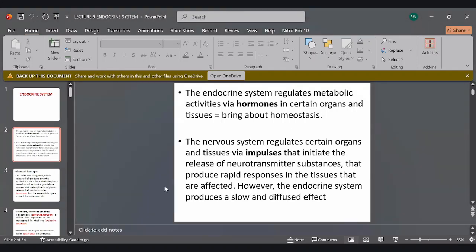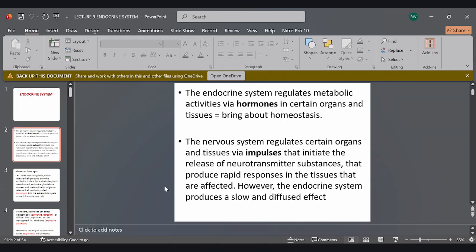Now, let us continue. You can see the nervous system regulates certain organs and tissues via impulses that initiate the release of neurotransmitter substances. But the endocrine system produces hormones, which are very slow and diffuse. And remember, they are ductless.